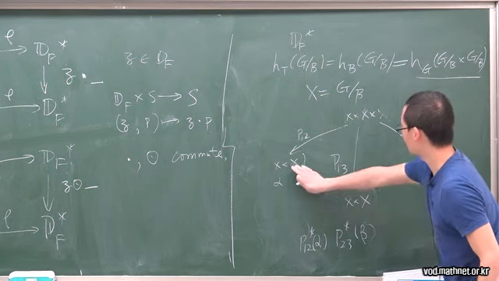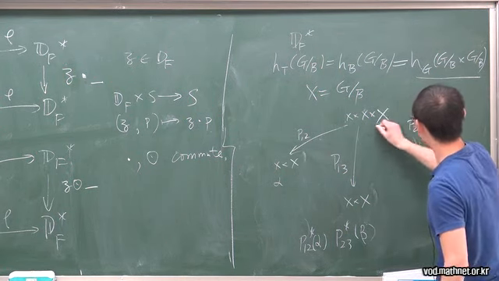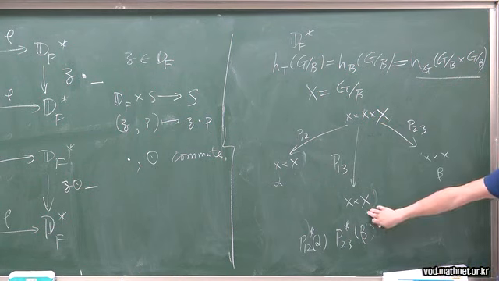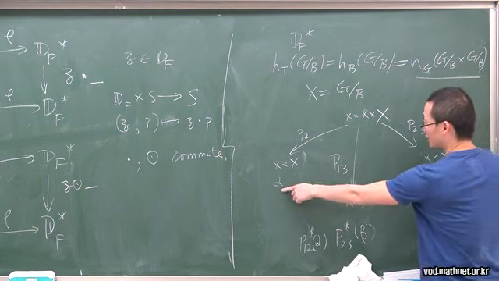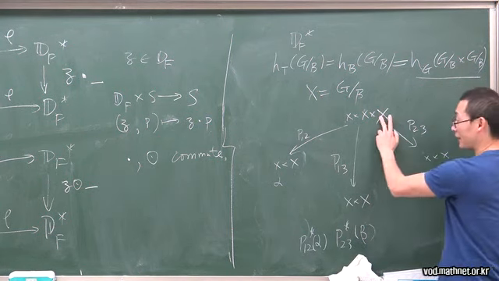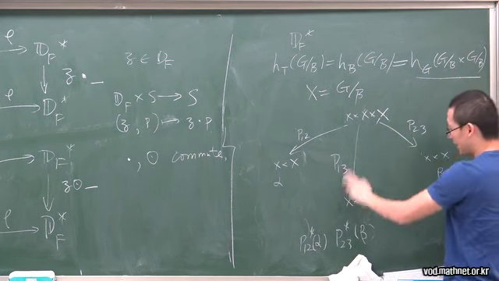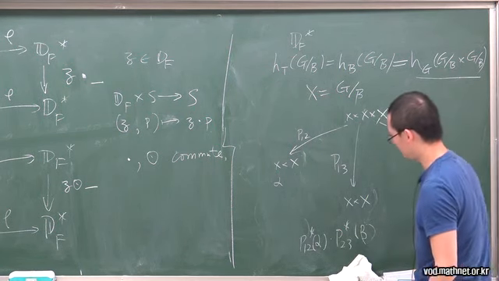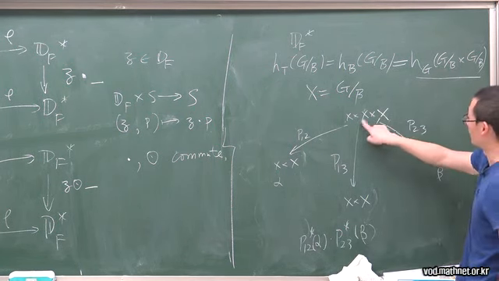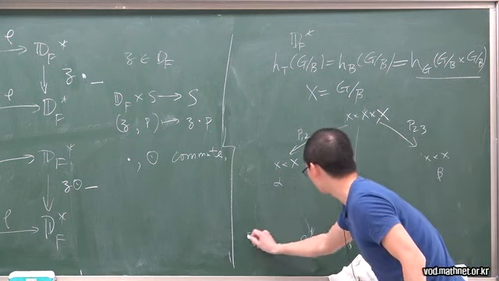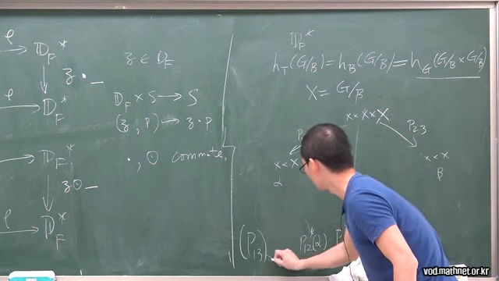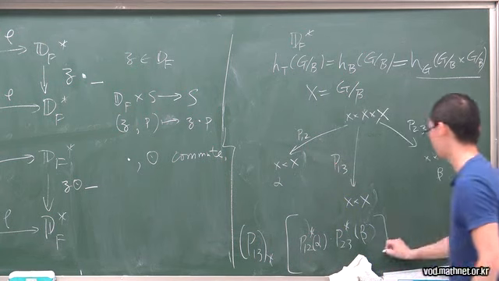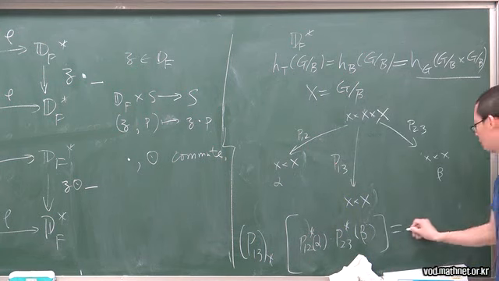So you have 2 copies of x, 3 copies of x, and 2 copies of x here. If you take a class here, you can pull them back. You have pullbacks. And then you take the intersection product on the cohomology here. And then you consider P13 lower star of this class. That's called the correspondence product.